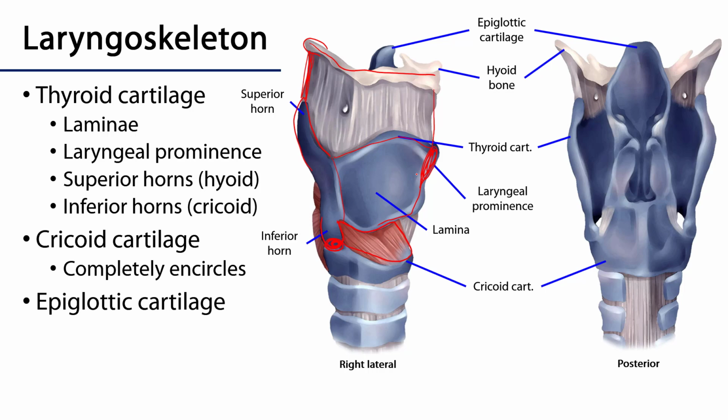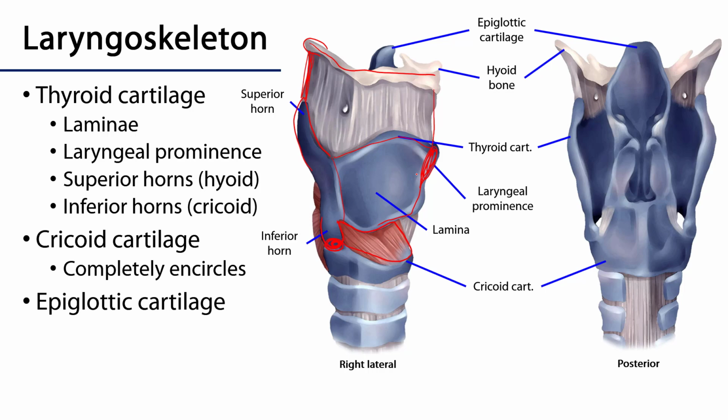That laryngeal prominence tends to be a little more robust in men, and this is colloquially referred to as the Adam's apple for that reason. Despite sex being something that is continuous, we often in anatomy will discuss it as if it were more discrete than that.